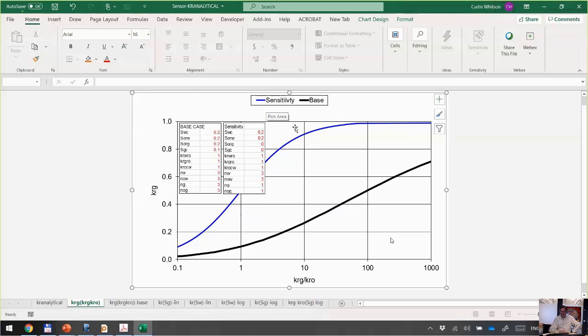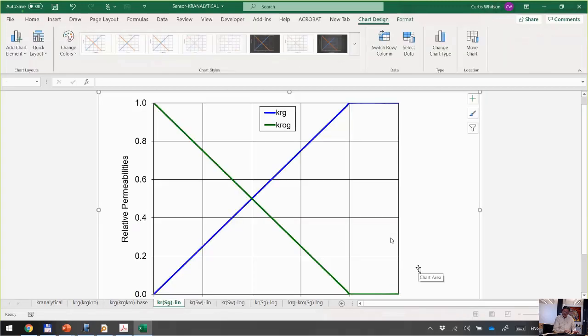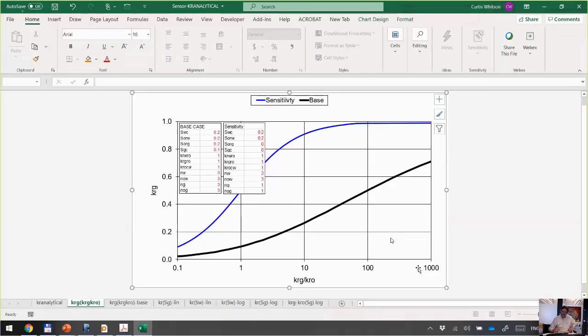Yeah, but then there was also some effect of endpoints, wasn't there? I missed this part. Yeah, you probably don't see the effect of endpoints so much in this figure because we're looking at a fairly narrow part, this KG/KO. You'd need to look at the saturation figure more. I didn't do it for both, but within this range, the endpoint saturation is probably not having too big an effect on the blue curve here, the straight line curve.